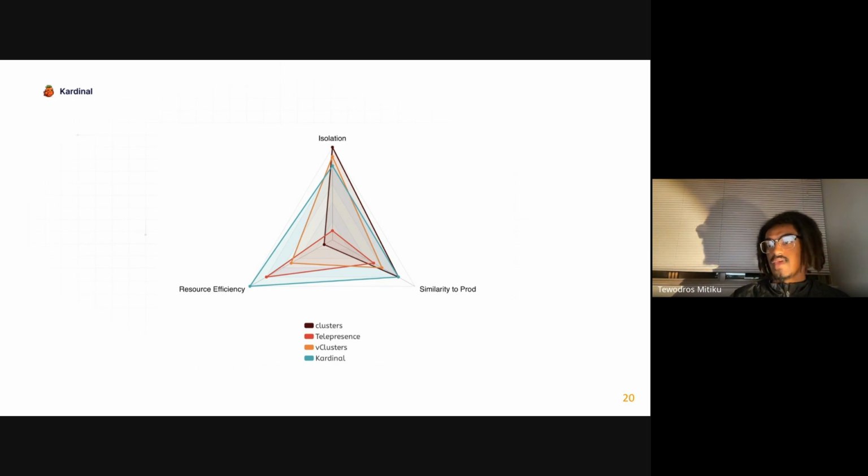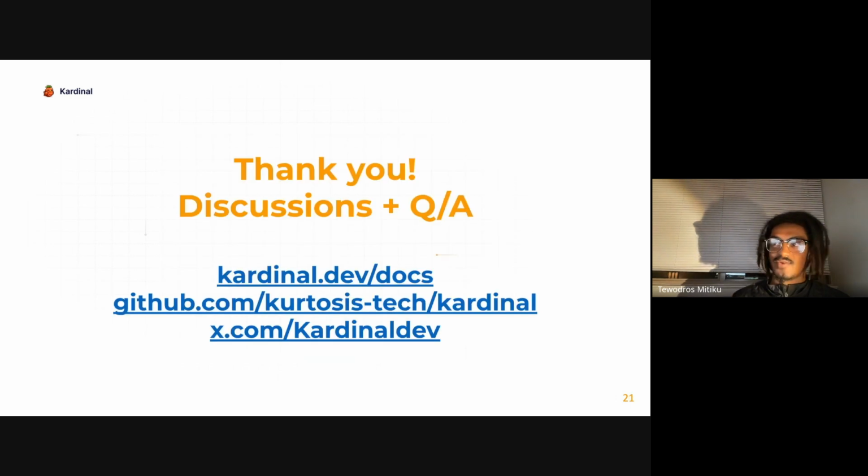So Cardinal aims to get at some level of these trade-offs and give users an engine where they can configure the different isolation trade-offs that they want to make, and as a result, also configure the different resource and cost savings that they want to get. So I think that's the last slide that I wanted to share. Now I'll kick it off for some thank you and discussions. There are a lot of questions, so I'm very excited to take them now and start the chit chat.